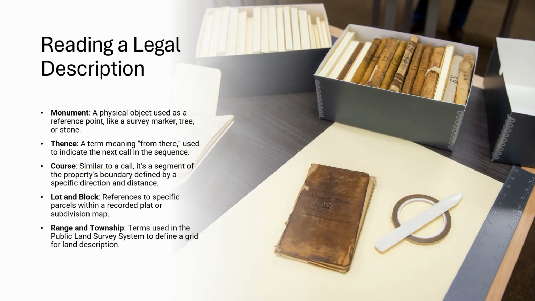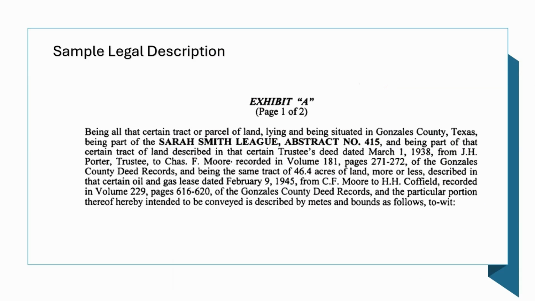Some foolish people like to think that out west they use range and townships just because when it was being subdivided, everything was just square after square after square, but it is not. Don't be fooled into thinking it is. It is still a metes and bounds parcel. All right, and that's going to be the rest of our definitions. Now we're going to get into a sample legal description that we will walk through.